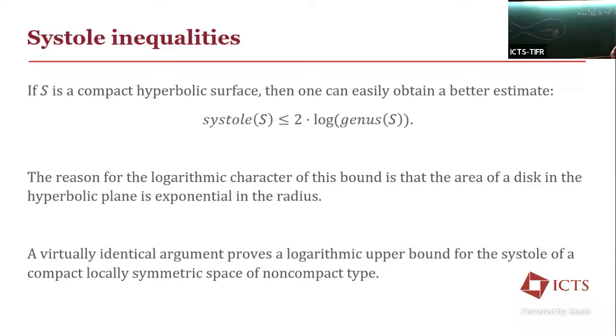And so you're going to get something like the length of our geodesic is less than twice the radius. Now, that is going to be approximately twice the logarithm of the area here, which is less than the area of the entire surface, excuse me. Then you just convert it into genus. So the area of the surface is like 4π(g minus 1). And so that's where the logarithm here comes from.